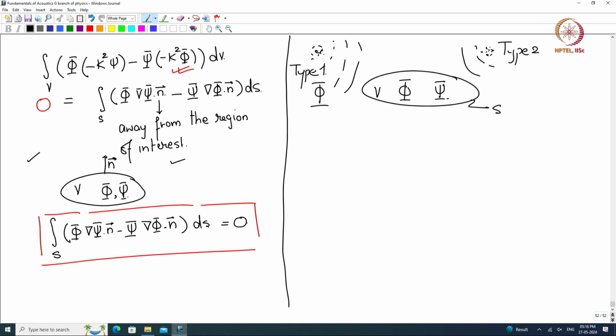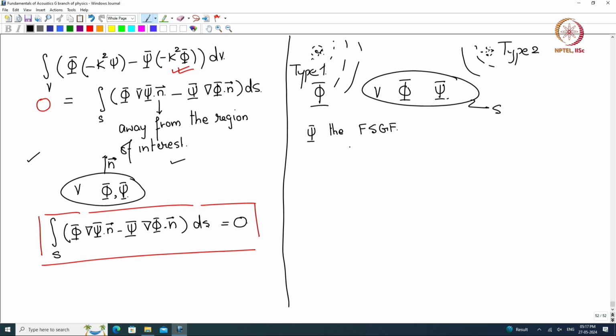Now what I am going to do is make psi the free space Green function.